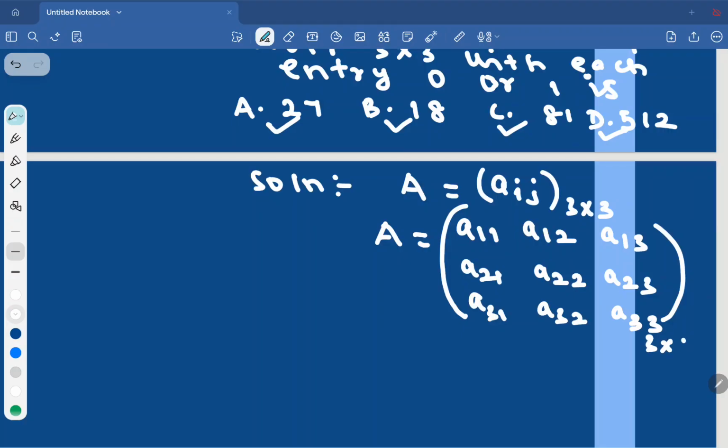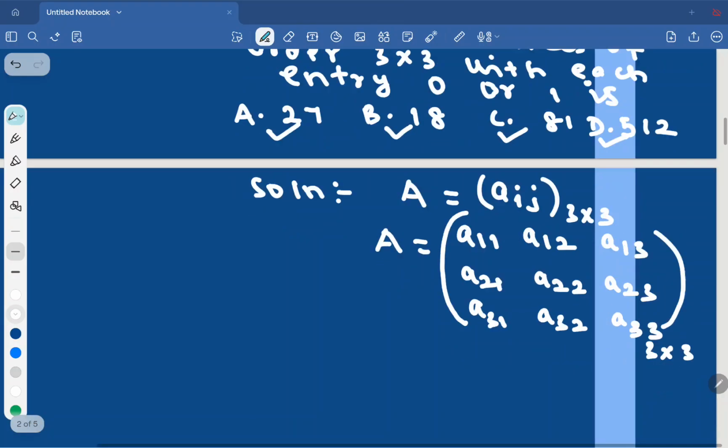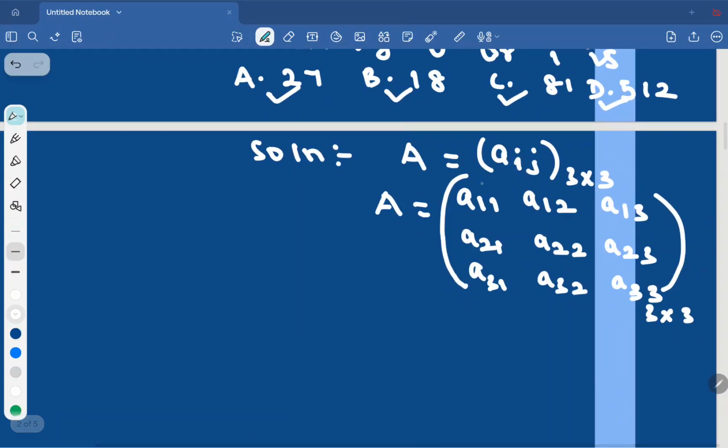Order 3 cross 3. It is given with each entry 0 or 1. A11 0 or 1, A12 0 or 1, A13 either 0 or 1, A21 0 or 1, A22 0 or 1, A23 0 or 1, A31 0 or 1, A32 0 or 1, A33 0 or 1.